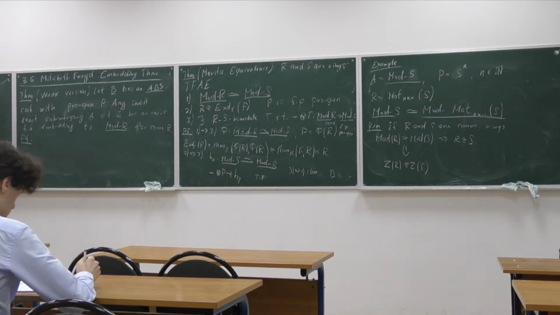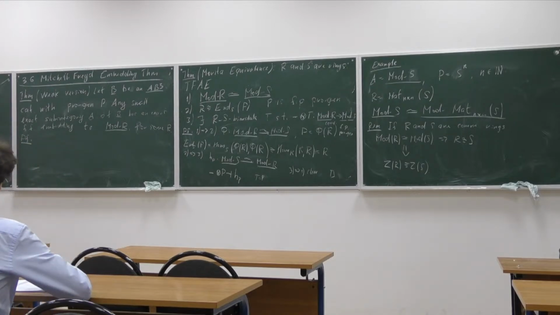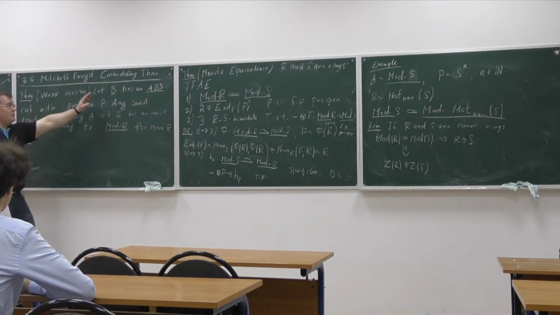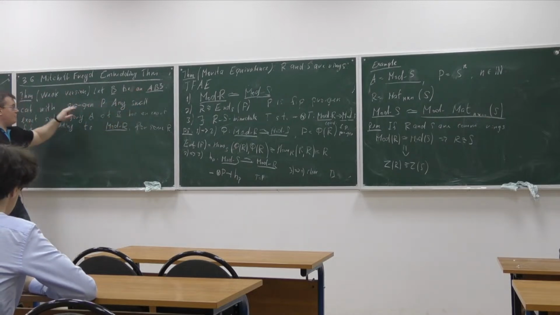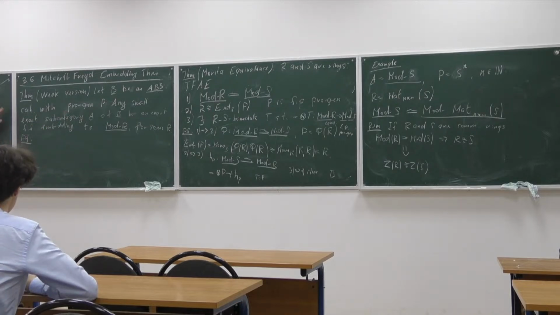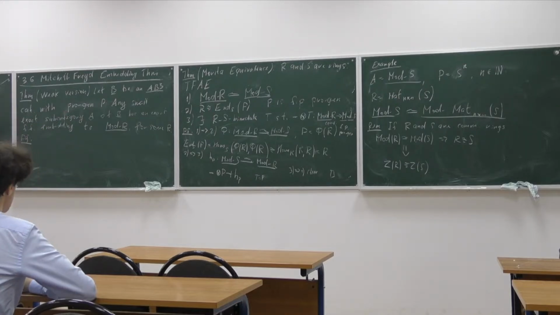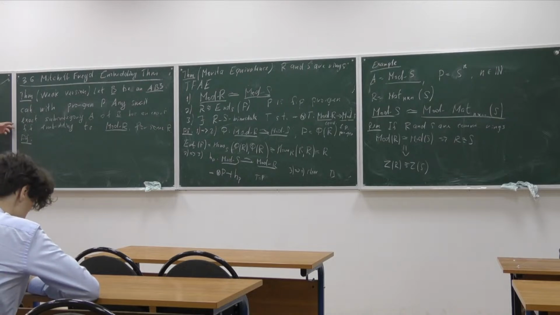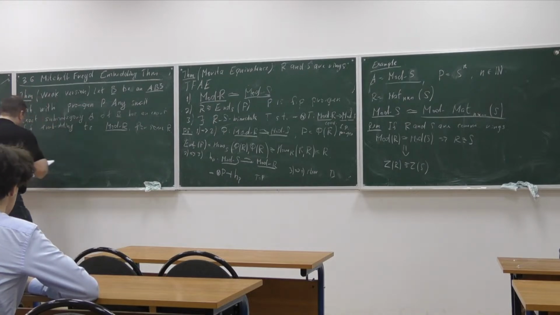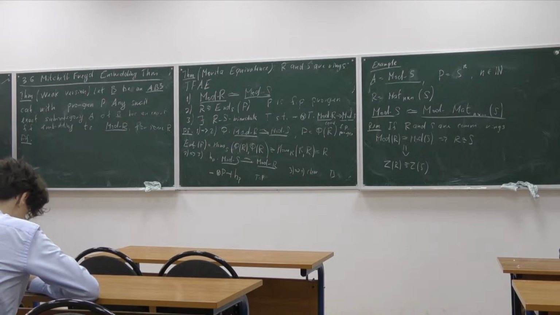So why is this a weak version? Well, because you have two assumptions. You assume that the category B is AB3, and you assume that you have this projective generator. So the general version stays exactly the same, but without these two assumptions. You take any abelian category, for any small subcategory, you can find the ring and this embedding. Okay, wait, so any abelian category is AB3?